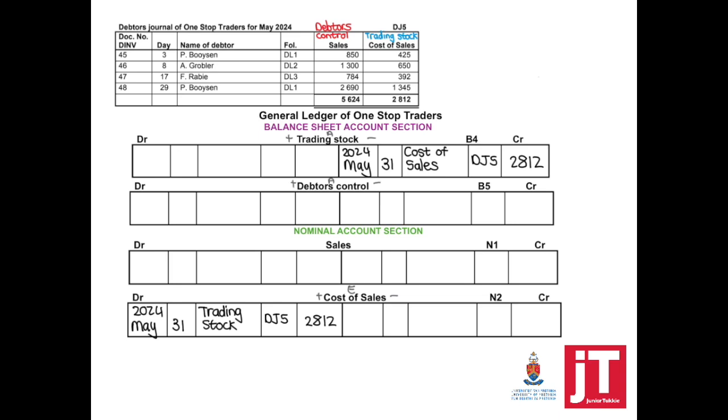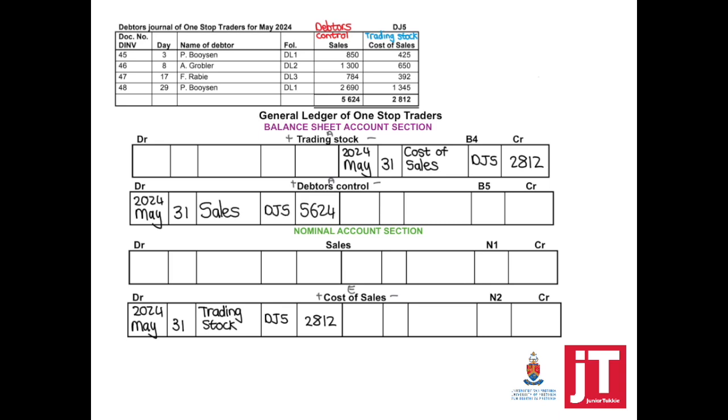Debtors control is regarded as a current asset, which means the more goods are sold on credit, the more money is owed to us. Therefore, our assets will increase. On the debit side, May 2024, the last day of the month, which is the 31st, and now the contra account is sales.